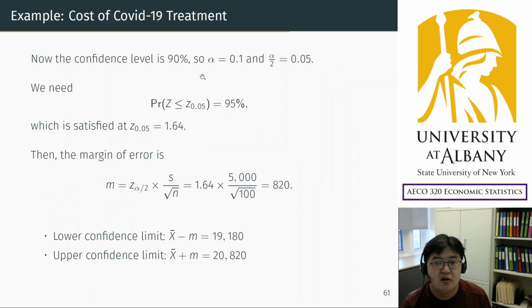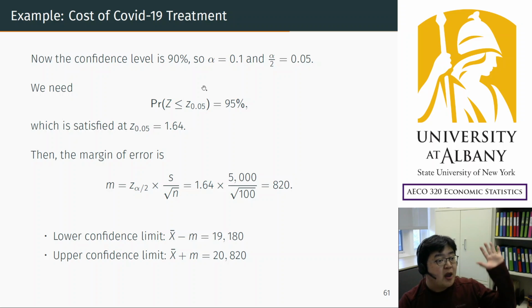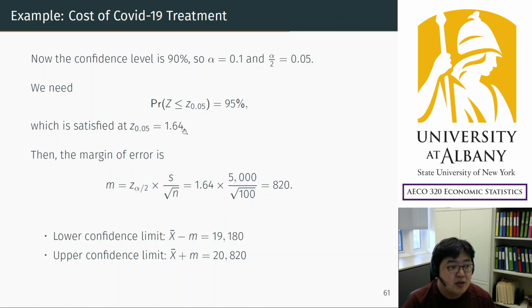So 10% is the error probability, and that means 5% on each side. So we are looking for the top 5% value, or 95th percentile, which is 1.64. So plus minus 1.64 contains 90% on the standard normal distribution table, right?